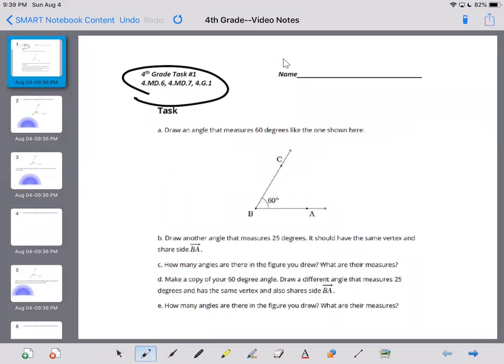So this first task, really the purpose of it is just to gain experience drawing and measuring angles. Students are trying to develop and understand this additive structure, how we can add angles together and subtract angles as well. And it gives the students a good opportunity to work with mathematical practice number 5, where they use appropriate tools strategically.